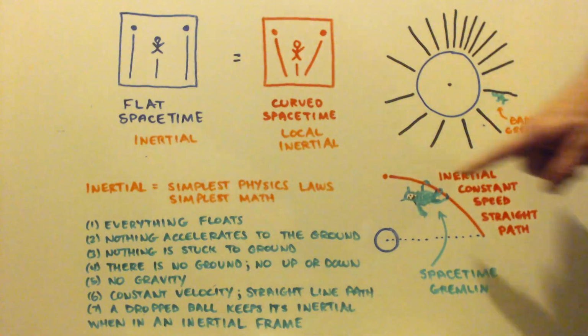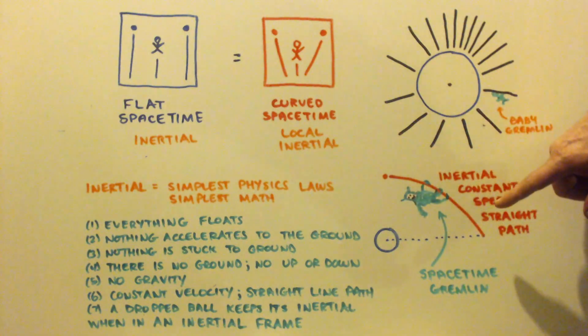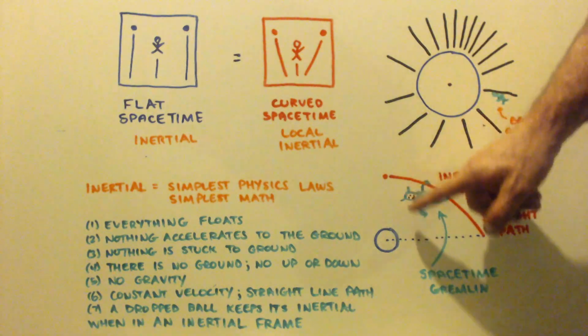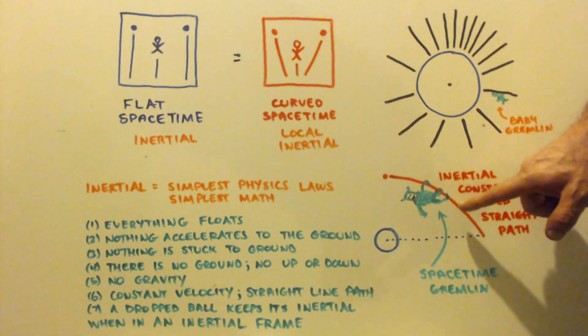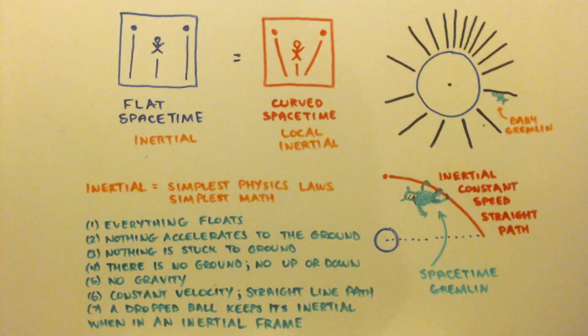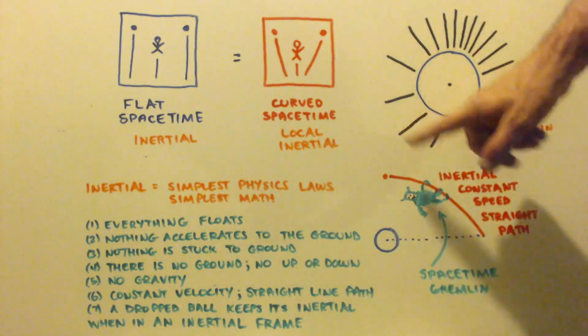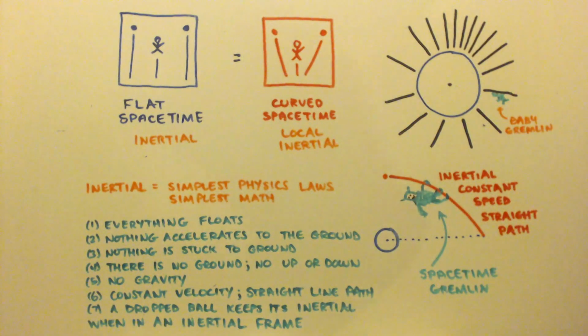The ball is still inertial, even though its path is accelerating down, because it has a constant speed, straight path. You might say that's a curved path, but it's in curved space, so it's actually a straight line in curved space.